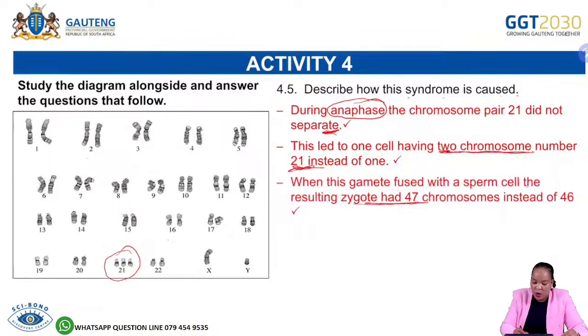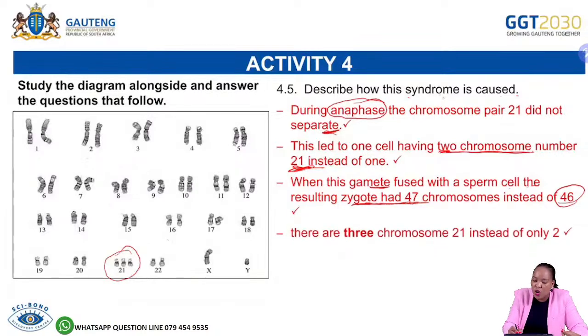Instead of having 2, you have 3. If a female gamete, an ovum, fuses with a normal sperm cell, it is going to result in a zygote that has 47 chromosomes instead of 46. Remember, we want 46. And now that will be your Down syndrome, the syndrome that you mentioned in the previous question.